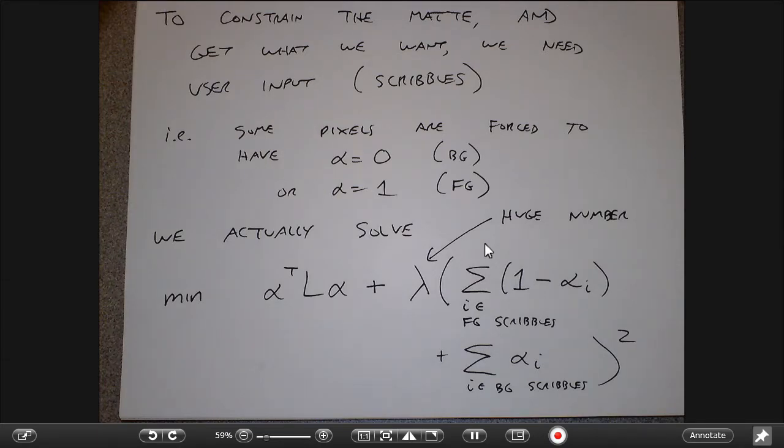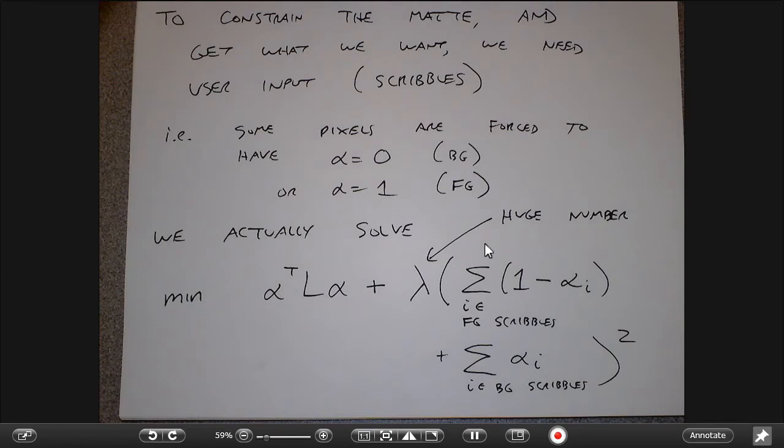Making lambda a huge number forces that to be true. And in the same way, where I've scribbled on the background, this is definitely background, I'm forcing alpha to be equal to 0, right? This term here enforces that the matte is consistent with the user scribbles, okay?